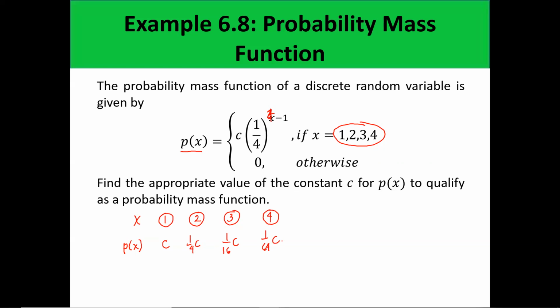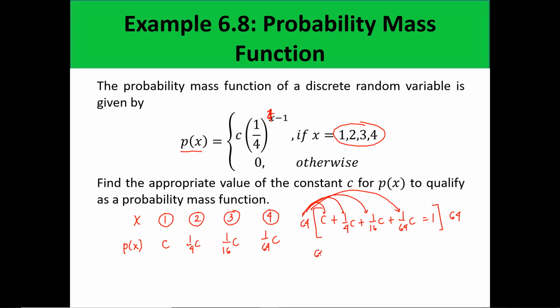Since we want this table to satisfy the probability mass function properties, the total of these probabilities must sum up to 1. So solving for c, we multiply both sides by 64, and in the left side, we distribute the 64 to all of the terms.